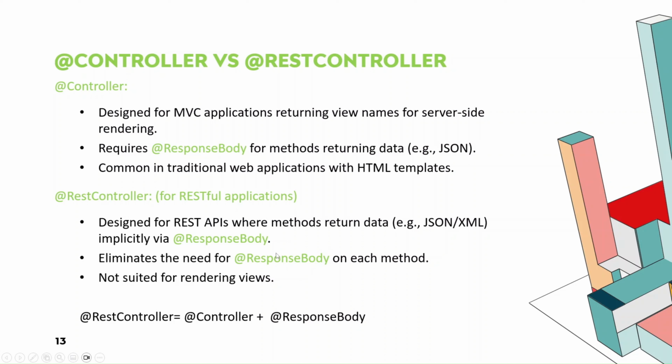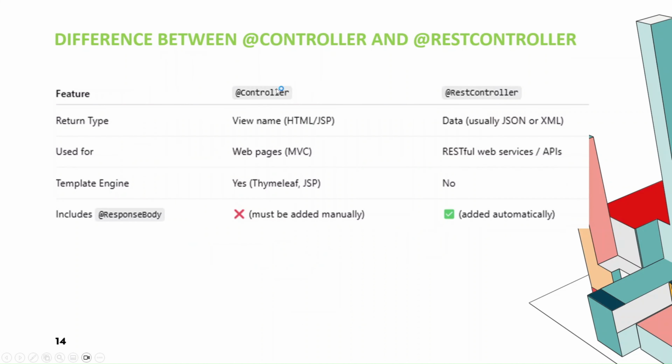Here HTML won't be there. Not suited for rendering views. So we do not use response body here because REST controller is nothing but controller plus response body. If you use any class with controller and method level has a response body, you can replace these two with this. So yeah, designed to return XML and JSON.